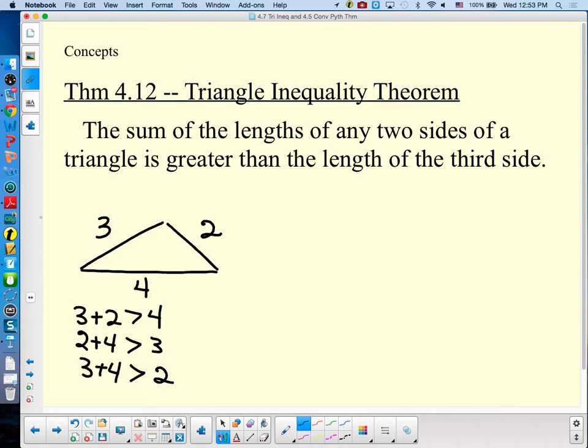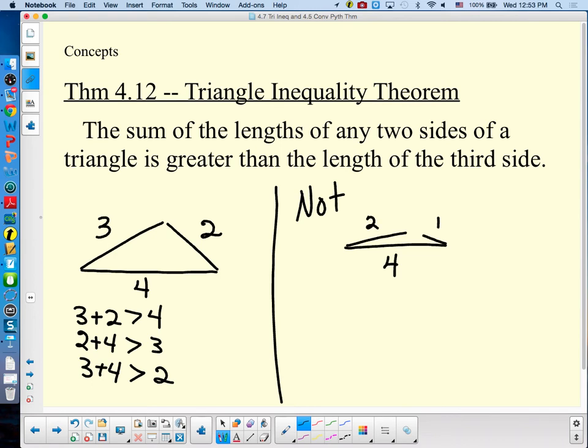It works no matter which combination you look at. What did not work? Okay, we had a problem when we did 4, 2, and 1. That was really bad. And we even had a problem when it was 4, 3, and 1 because it was flat.